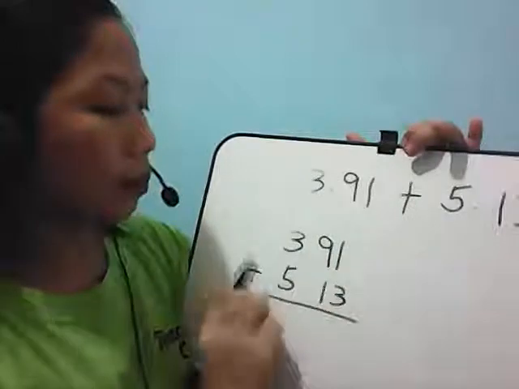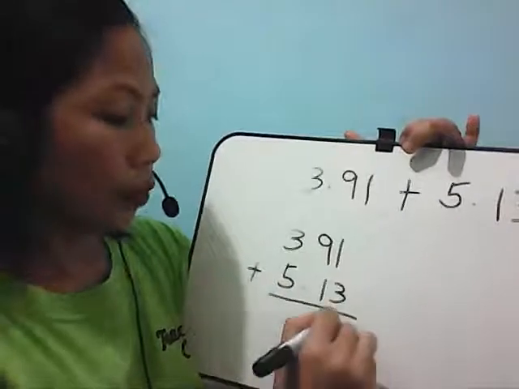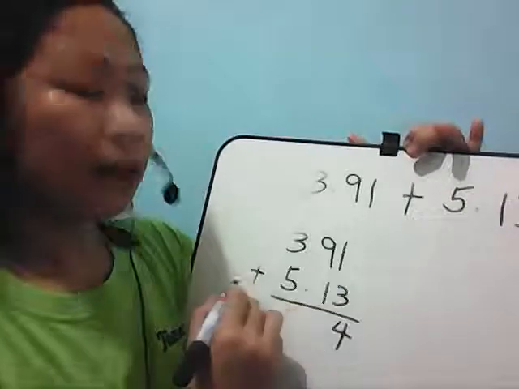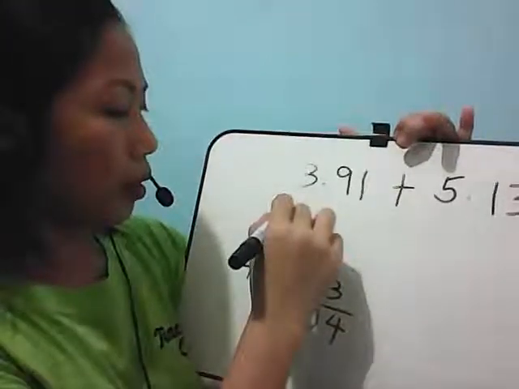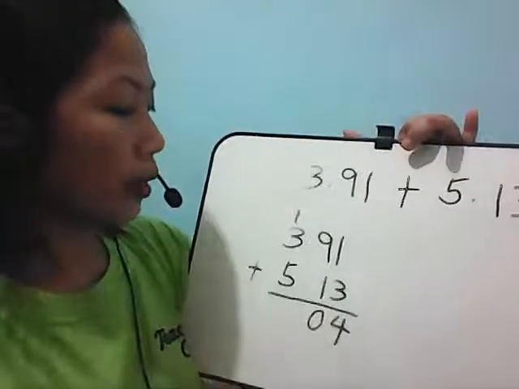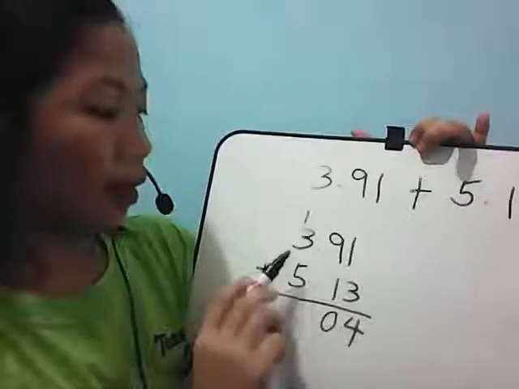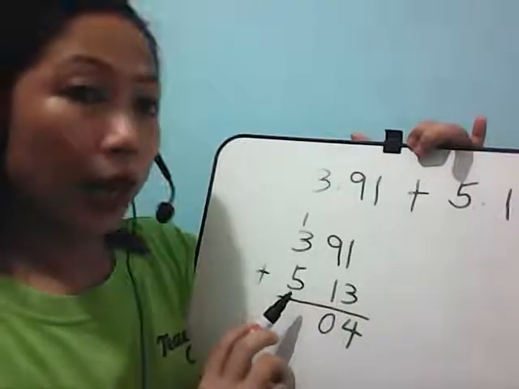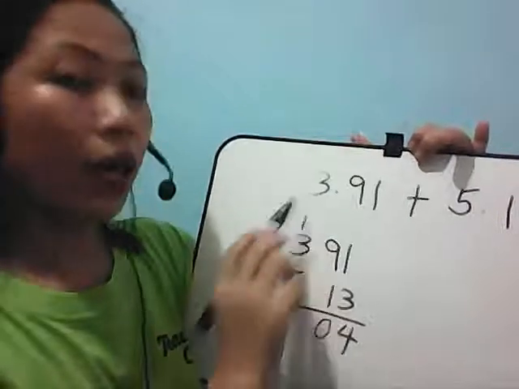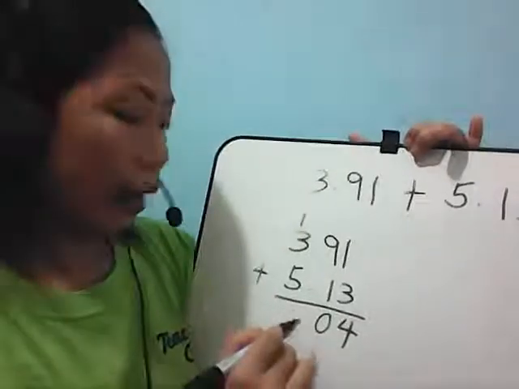Okay, 1 plus 3 is equals to 4. And 9 plus 1 is equals to 10. Carry 1. All right. Then 3 plus 5 is equals to 8. Then add 1 is equals to 9.